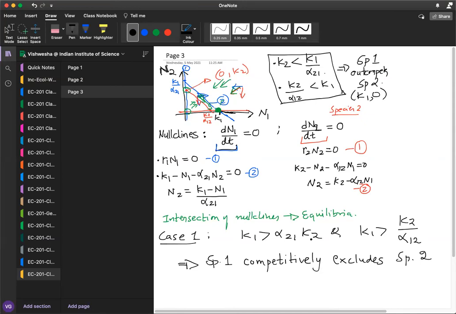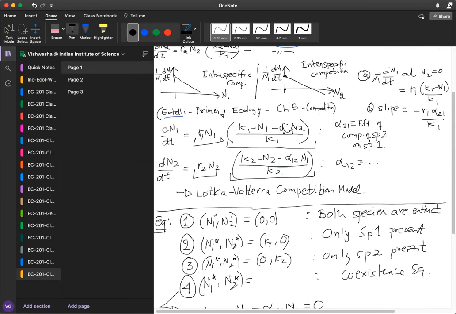And therefore, what is the competitive effect of species 2 on 1? Go back to this equation. So this is the competitive effect of species 2 on 1, right? It is maximum when N2 is K2, when only species 2 is present.